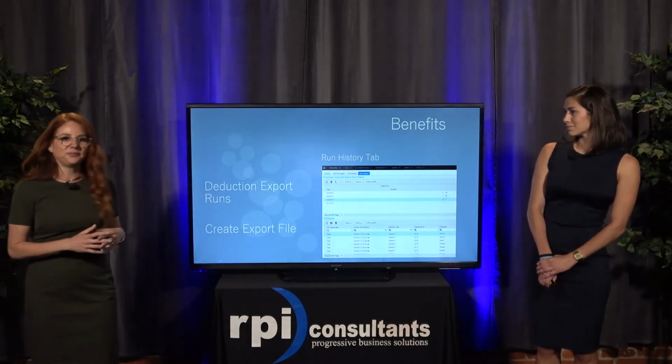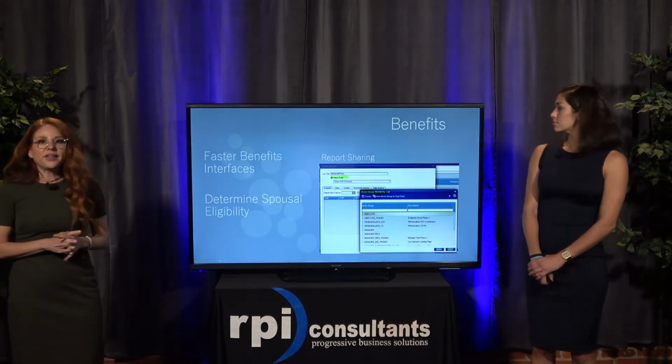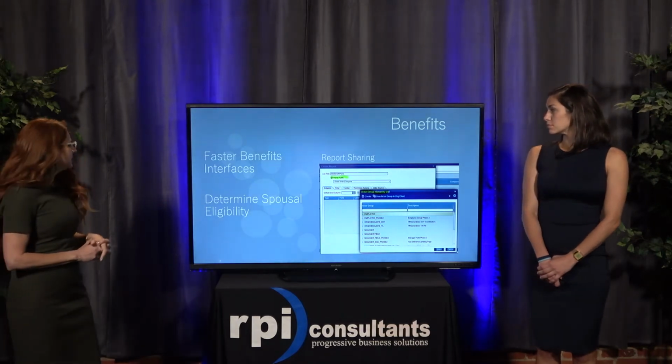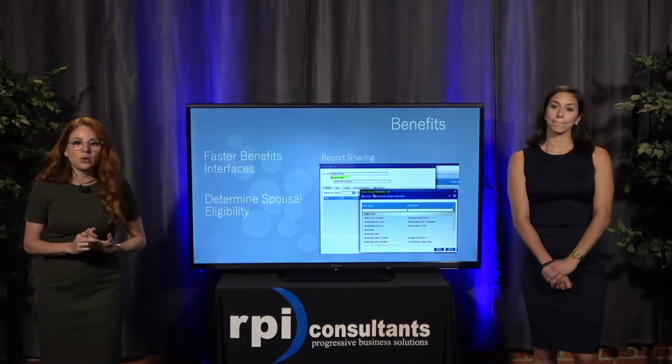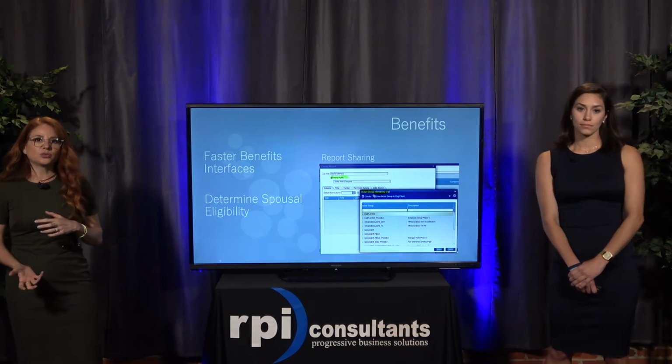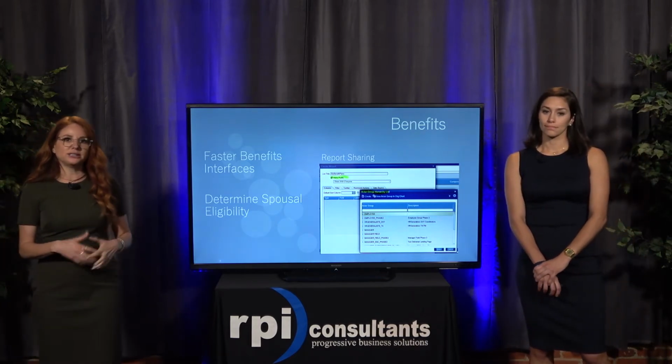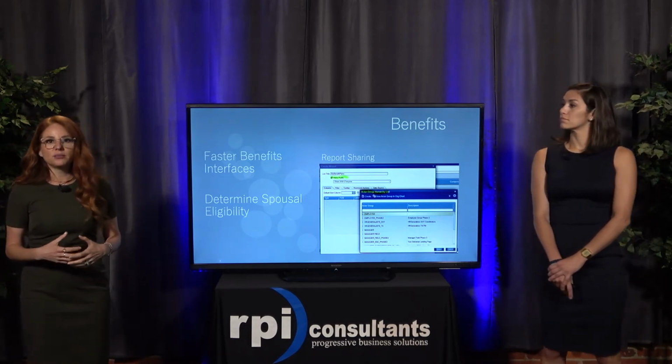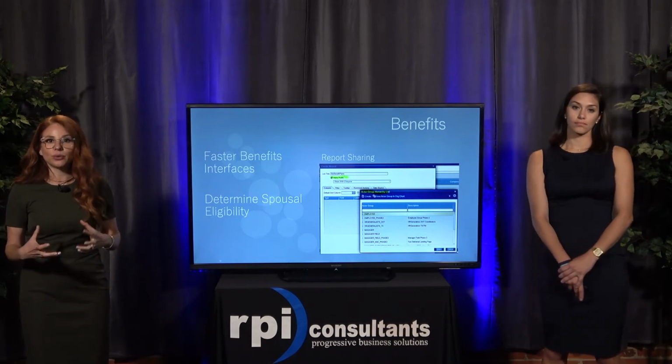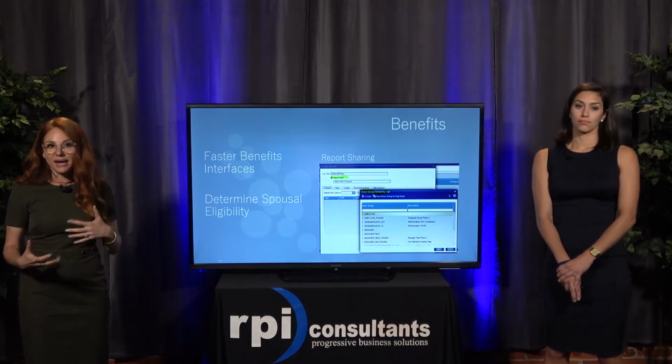And then the other thing that's happened in benefits is the interfaces. The way the interfaces were built in prior versions caused a really heavy load on performance, and they took a really long time to go over and come back in.